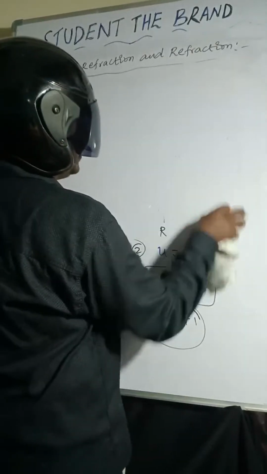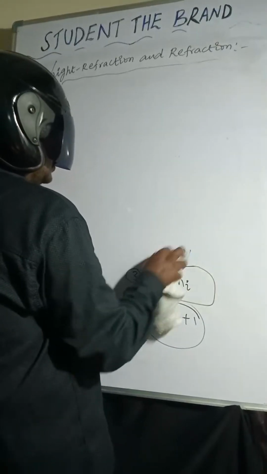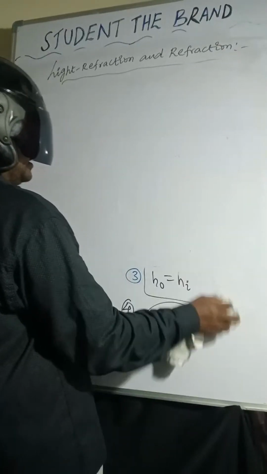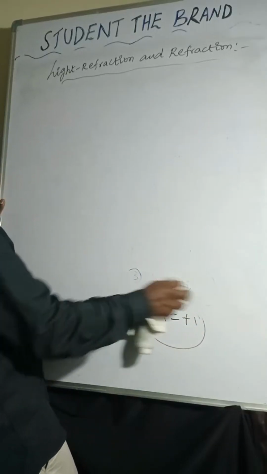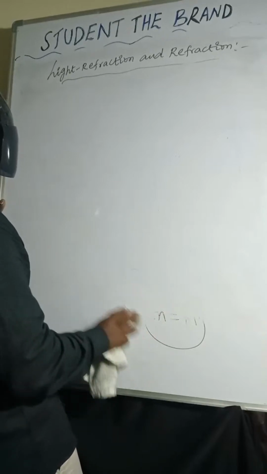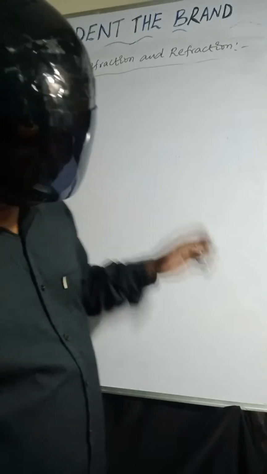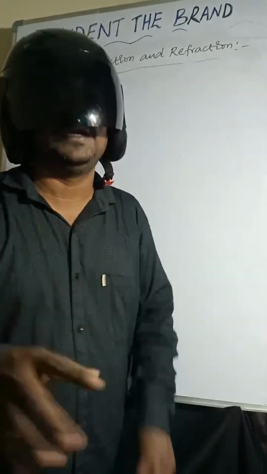And actually we need to discuss the laws of refraction. Actually we need to do so many problems related to light reflection and refraction. We need to work out. Definitely I will explain. And we'll see. Coming to spherical mirrors.